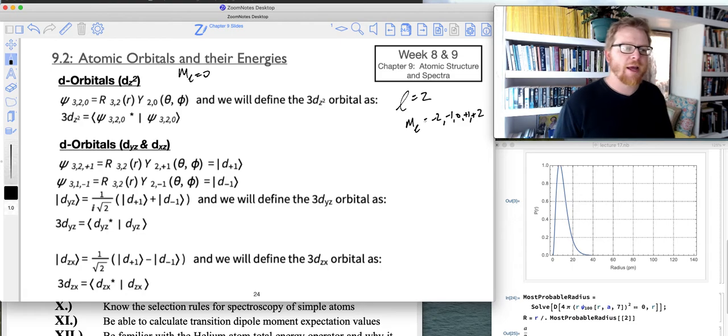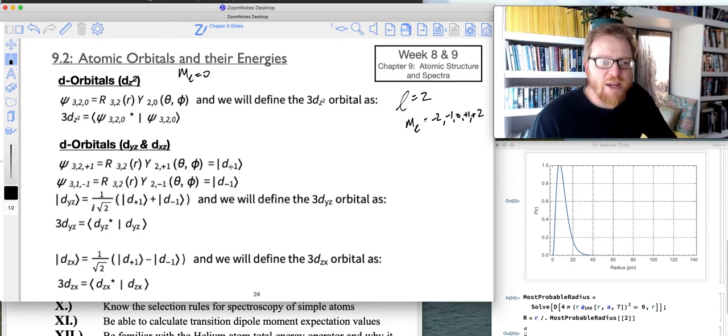So let's do it. First, if we look at the +1, -1 state, we can make the d +1 and the d -1, just like we did with p. R32 Y2 +1 makes the d +1 state, and then R32 Y2 -1 makes the d -1 state.